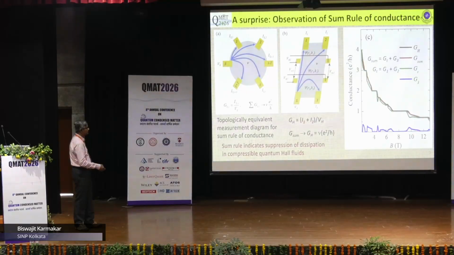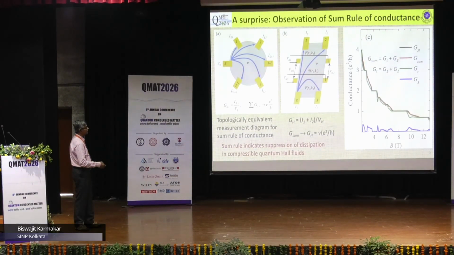This G3, the blue line, you see: whenever there is a quantum Hall plateau, at 0.66, 1, 2, 3, 4, G3 is 0. But whenever there is a plateau to plateau transition, G3 becomes finite.